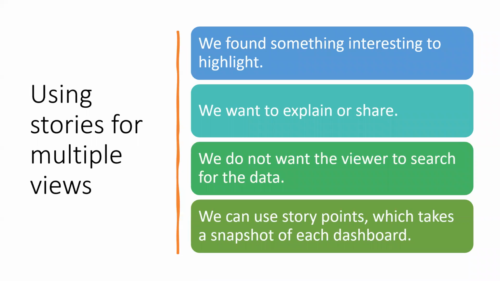So, using stories for multiple views. We found something interesting in our data, something interesting to highlight. We want to explain or share it, and we don't want the viewer to search for the data. Simply we can use story points, which take a snapshot of each dashboard, in a step by step process to create a story.